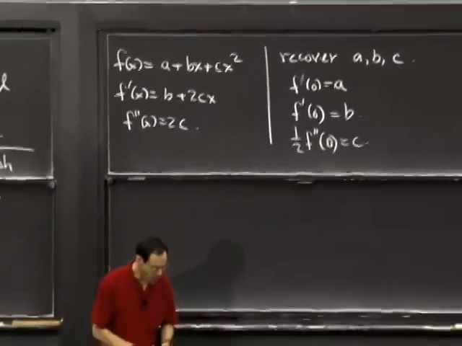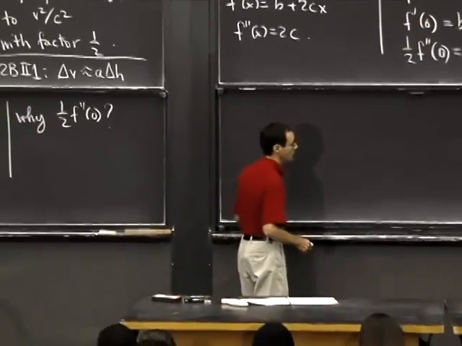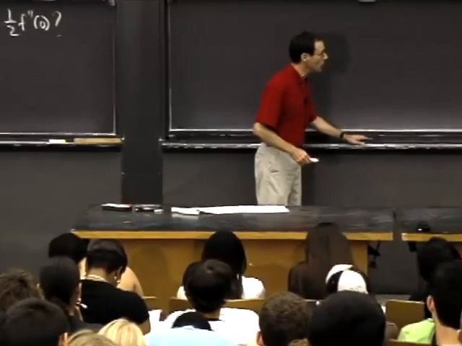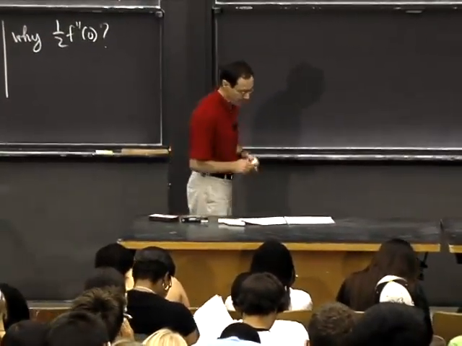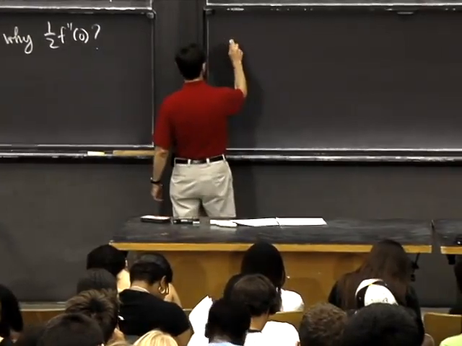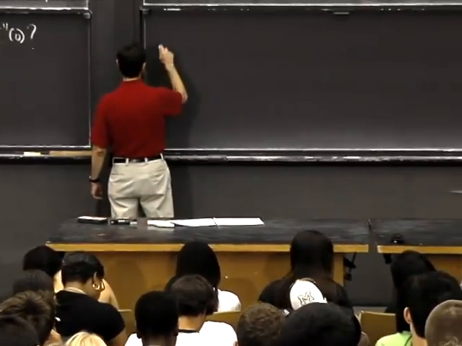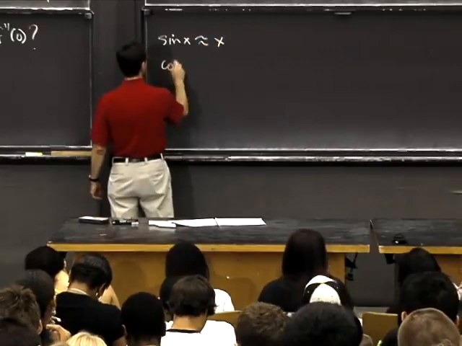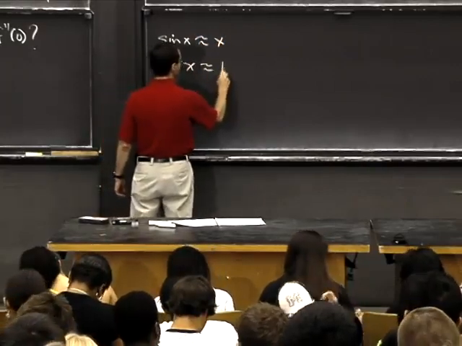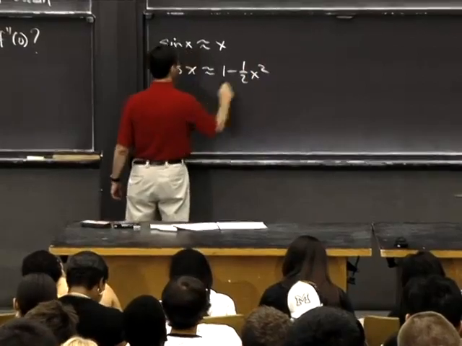And now I remind you that I had a collection of basic formulas written on the board, and I want to just make sure we know all of them again. So first of all, there was sine x is approximately x. Cosine x is approximately 1 minus a half x squared.